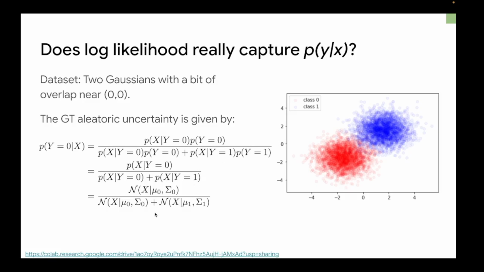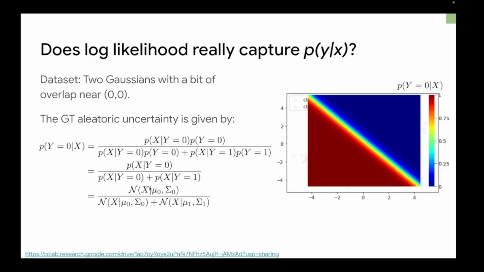If we do that, it's basically a likelihood ratio between the summation of the two distributions and the distribution corresponding to class 0. If you plot this, it looks like this.